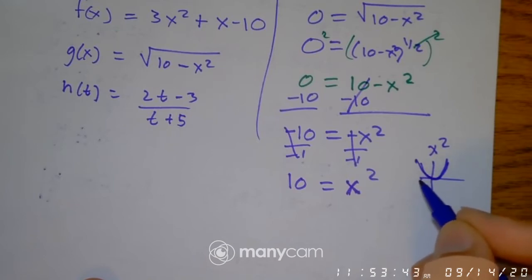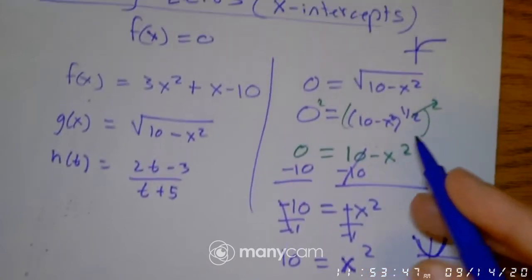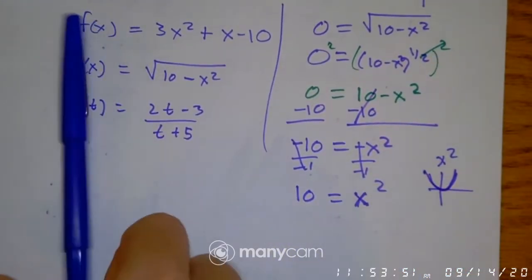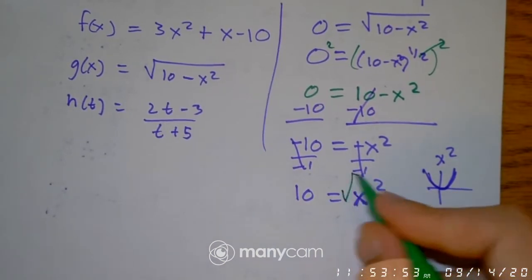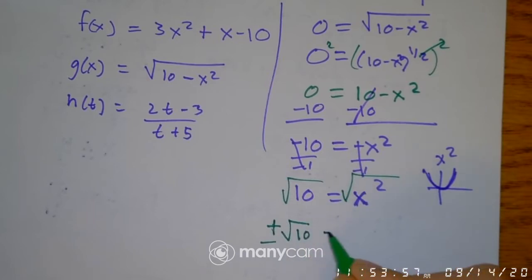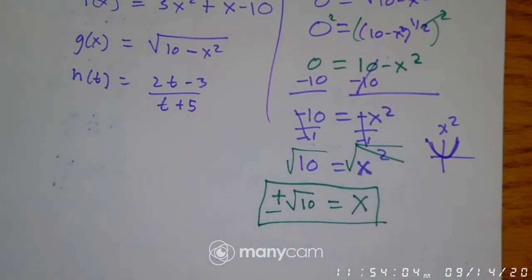There's a negative input. So when I square root this, a square root can only have positives, so I'm going to lose that negative answer. When I square root this, I'm going to have to add a plus or minus. So I actually end up with 2 roots, 2 zeros, 2 x-intercepts. That's really important there.